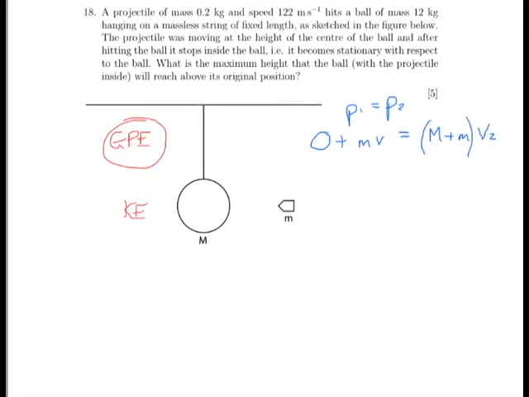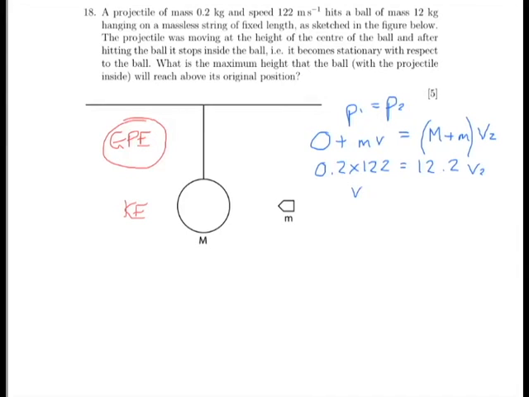So let's plug in some values here. So 0.2 kilograms times 122 is equal to our combined mass here, which is 0.2 plus 12, so that's 12.2 times V2.